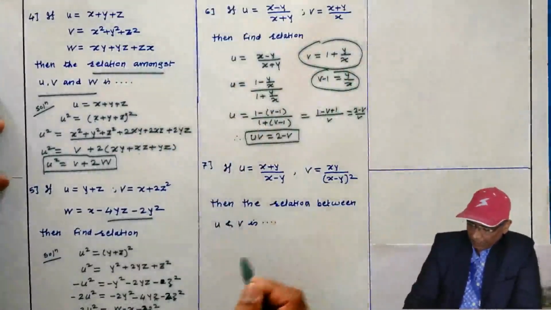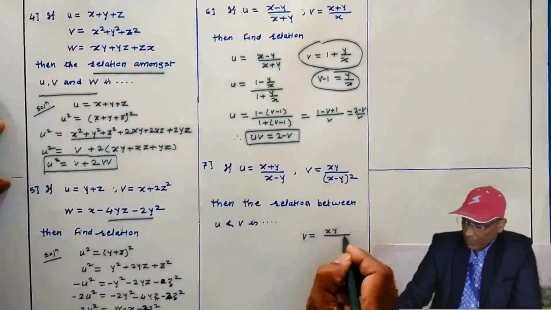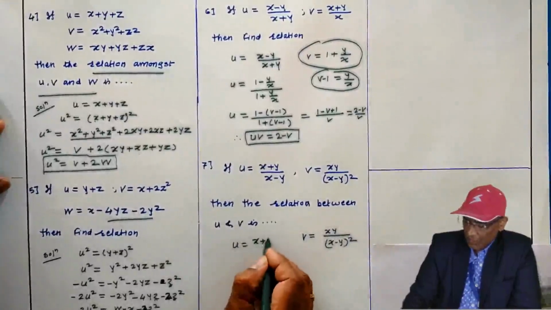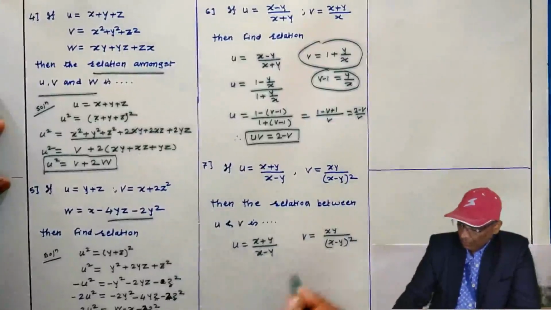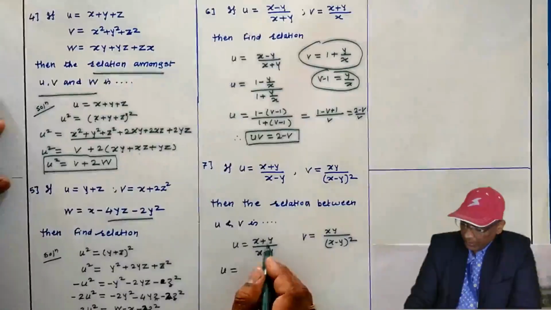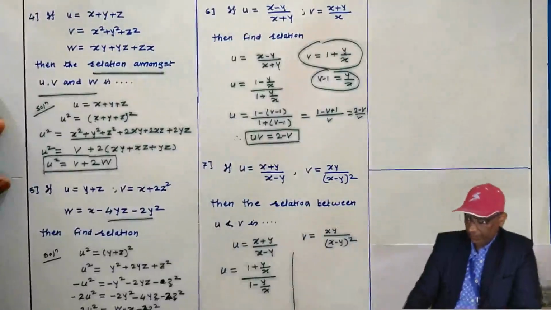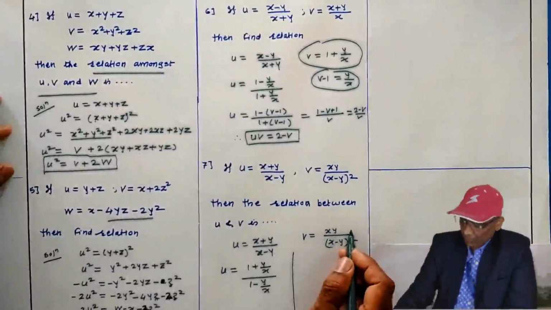Now the same problem again. Here v is equal to xy by x minus y whole square, and u equals x plus y by x minus y. What I am going to do, I am going to divide numerator by x, divide denominator by x, okay, and here also divide numerator by x square.